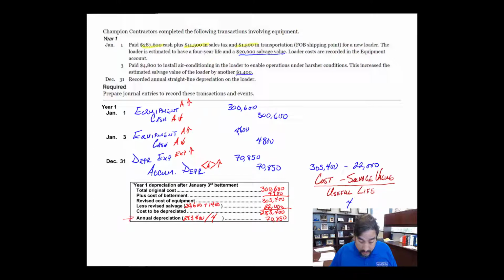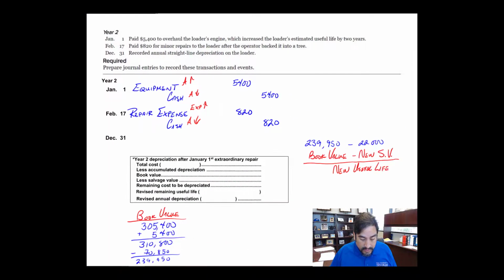So originally we had a 4-year life. We are sitting here in year 2. So our 4-year life has 3 years remaining because year 1 is gone.